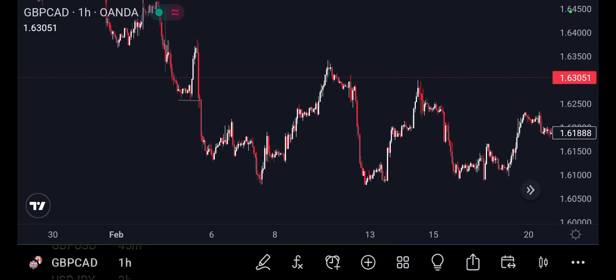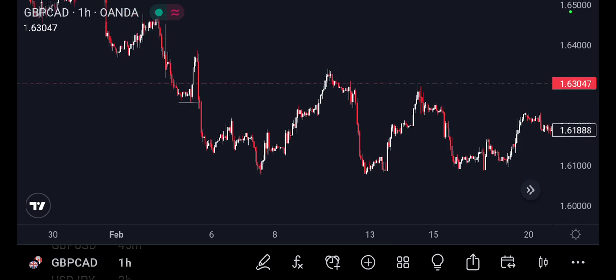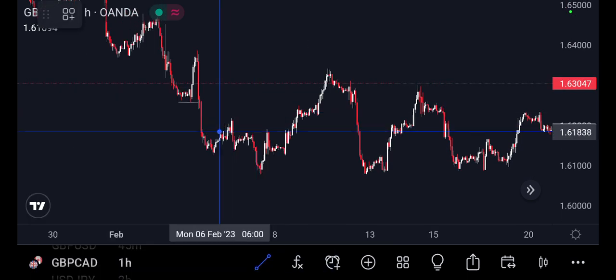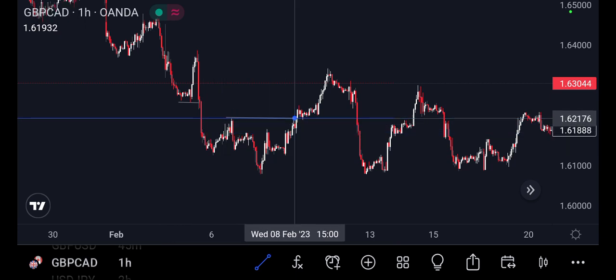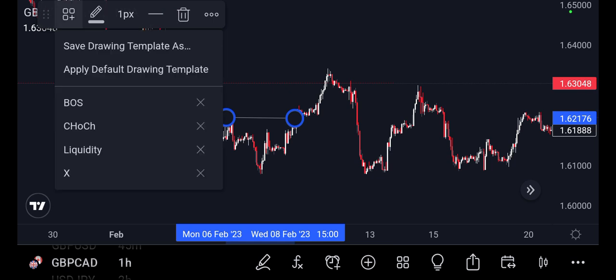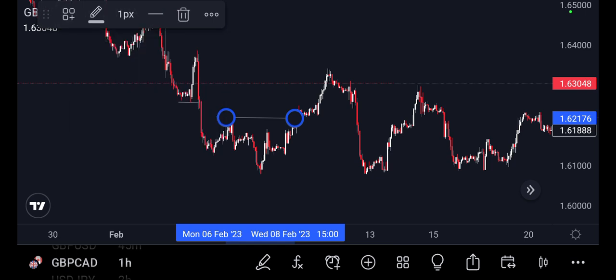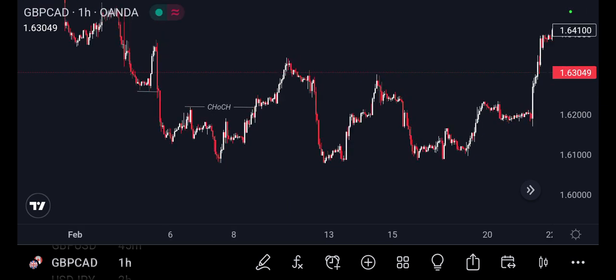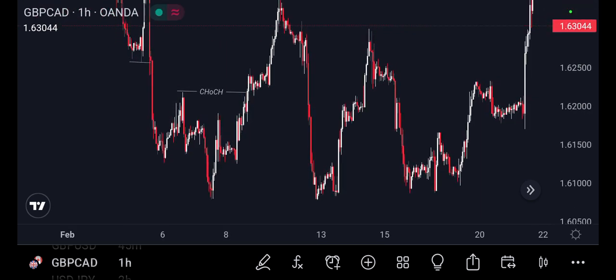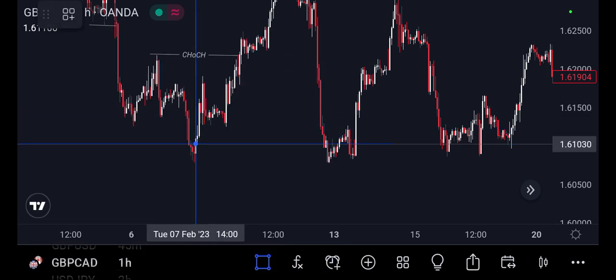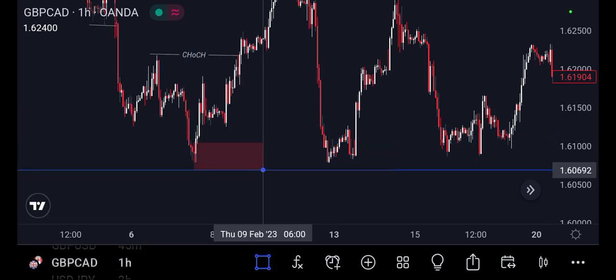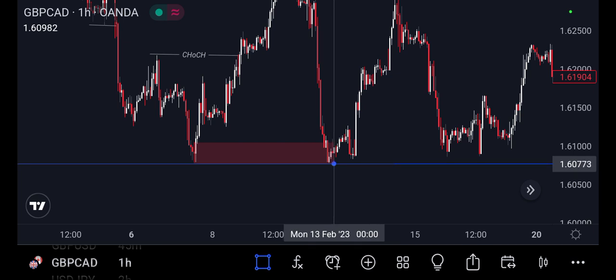Price was in a downtrend before, and it broke structure right here. This was a break of structure, more like a change of character to the upside. Then you mark out your zone right here. Wait for price to tap into it.